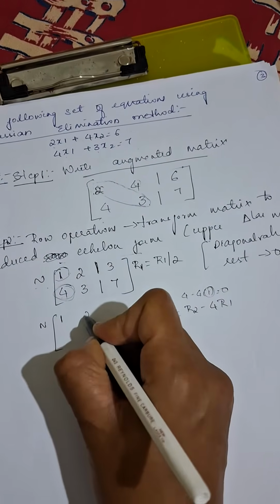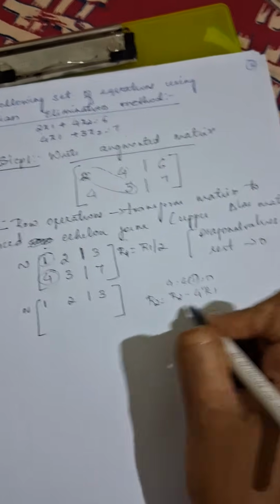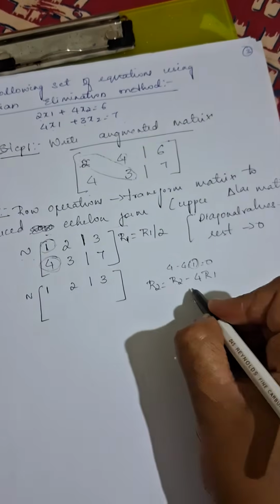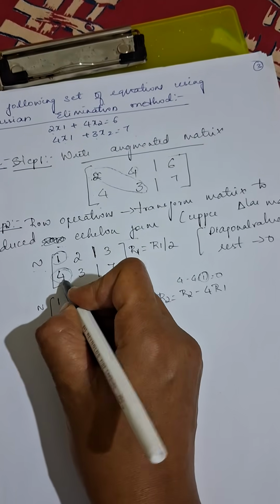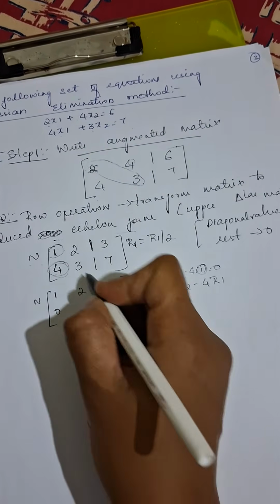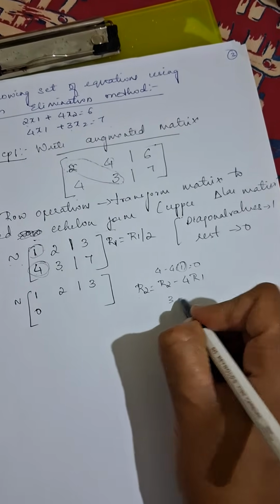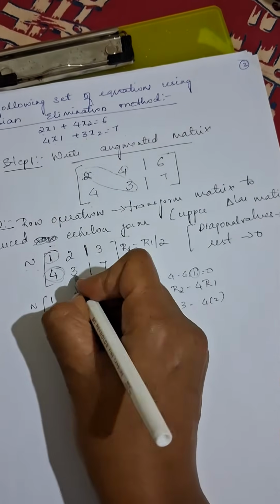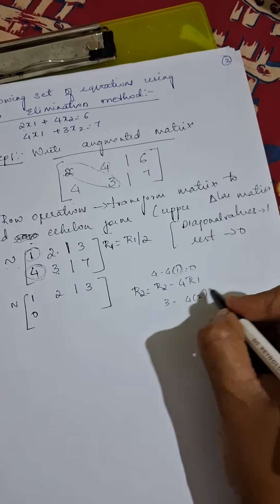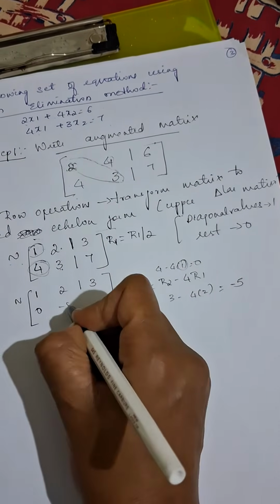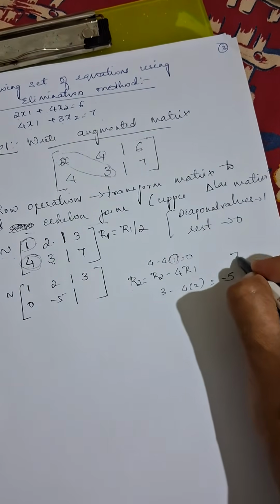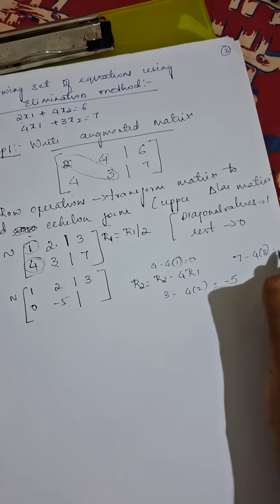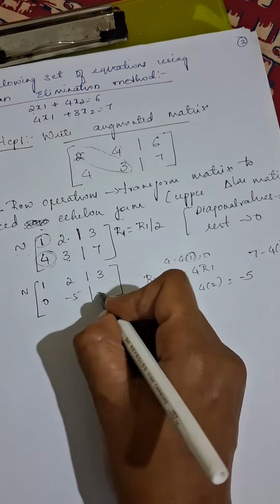Keep the first row as it is. Now you reduce the second row. 4 minus 4 times 1 is 0. 3 minus 4 times 2, that would be 3 minus 8, that is minus 5. Next, 7 minus 4 times 3, so that is 7 minus 12, that is minus 5.